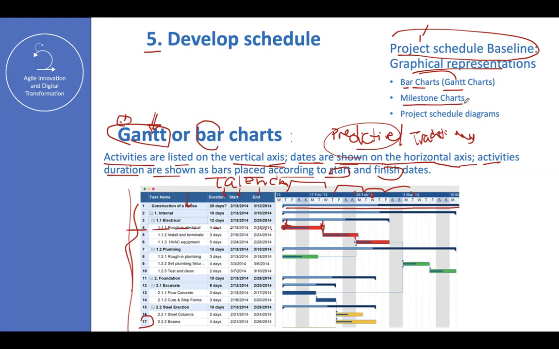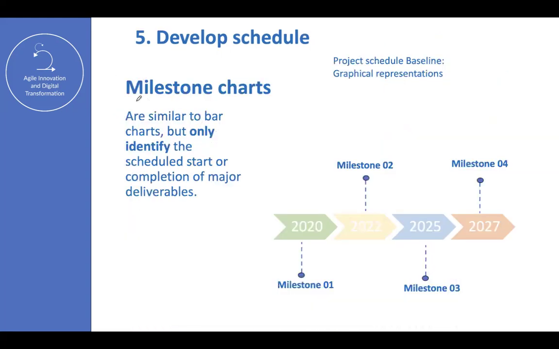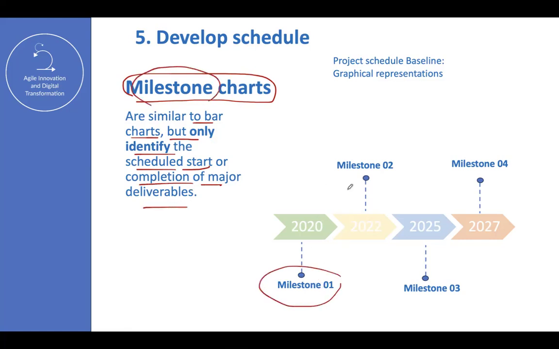Okay, another type is milestone charts. It's another type of visual representation. What are milestone charts? They are similar to bar charts, but only identify the scheduled start or completion of major deliverables. You see, this is just showing the milestones. Milestone number 2 in 2022. This is a very huge construction project.